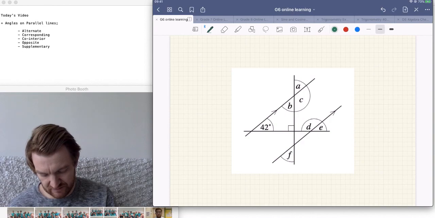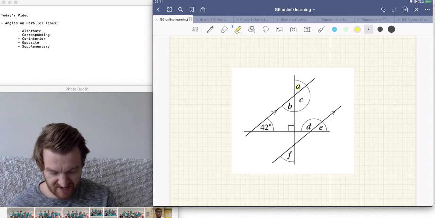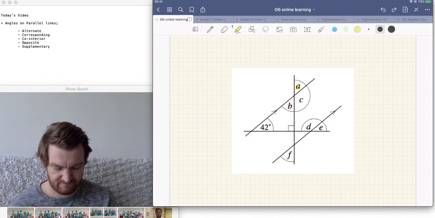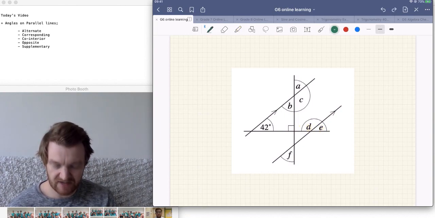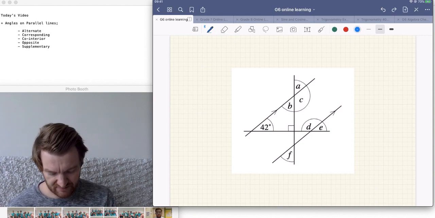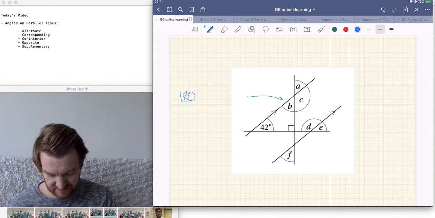Well, the first thing we could do is look at what pairs we have, even if we don't know all the sizes. For example, we know that A and B are going to be a pair. They're an opposite pair. We know that D and E are going to be a pair that add up to 180. But which angle do we start with first? Well, I'd start with angle B. Angle B is an angle in a triangle, and we know that all angles in a triangle add up to 180 degrees.